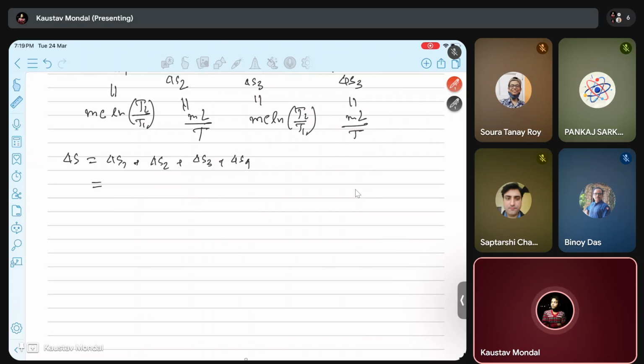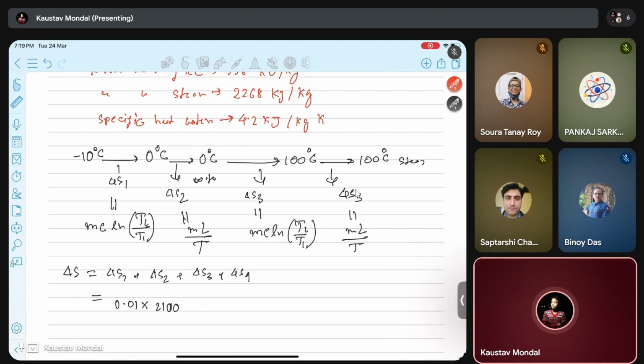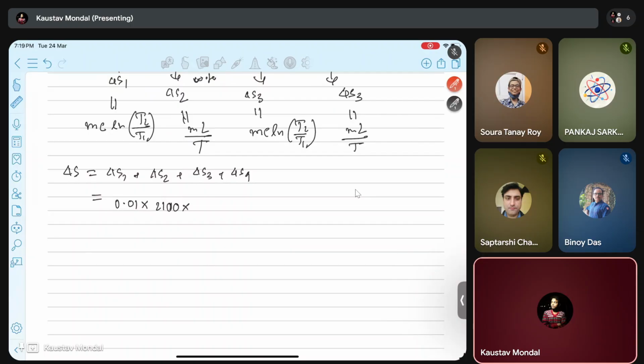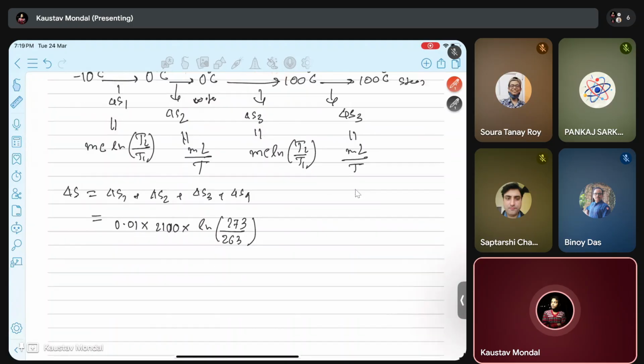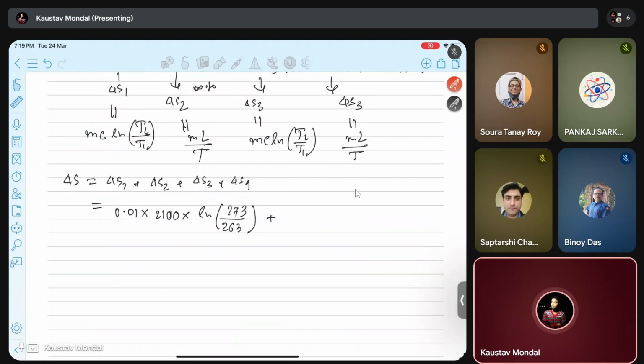So if you substitute all of the things, first would be change in temperature: 0.01, C is the specific heat 2100 for ice, ln 273 by 263. From minus 10 degree it becomes 0 degree, right? Delta S2 is the phase transition, so mL.